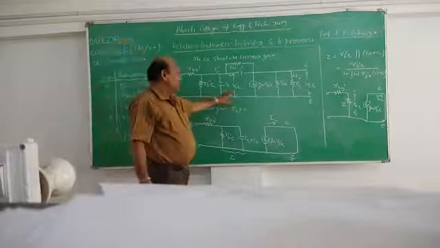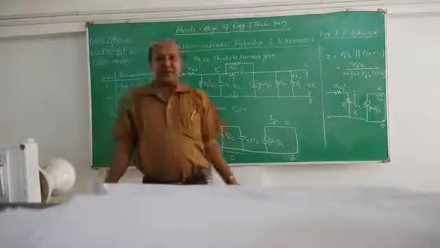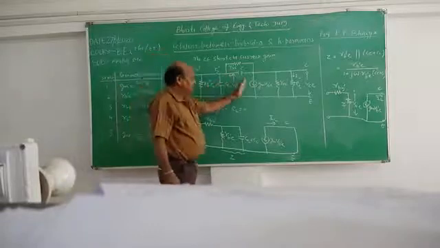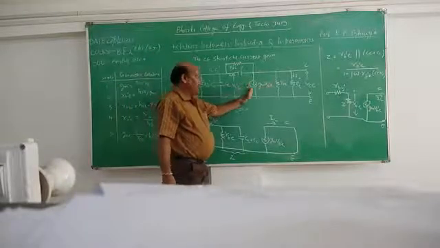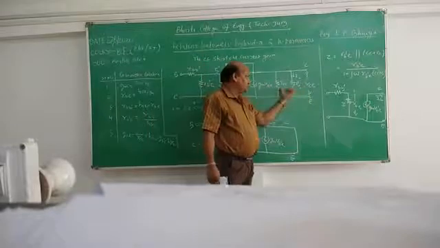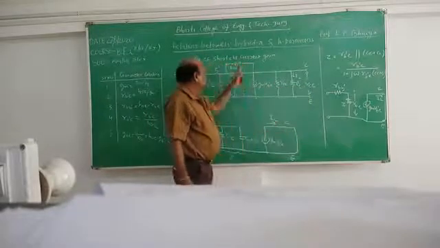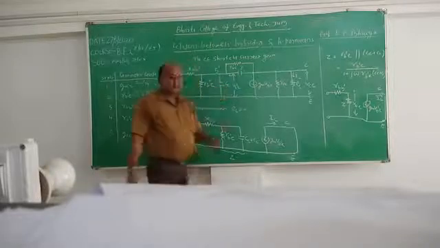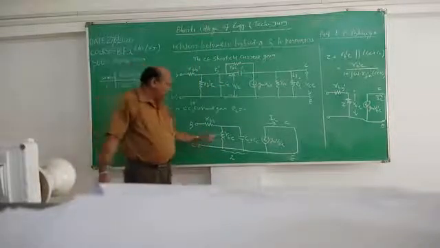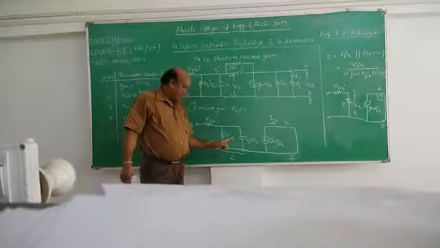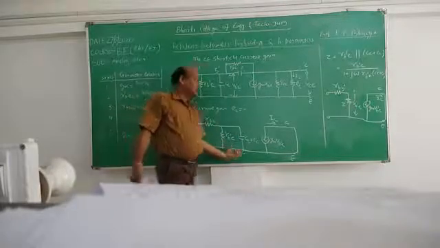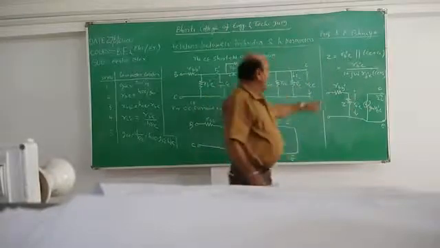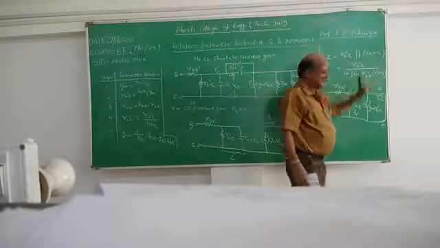It is the equivalent diagram of the hybrid pi model of a common emitter transistor, in which we have shorted the output. So this resistance will be neglected, and this CC and CE are in parallel now. We have got this equivalent diagram, and after the parallel combination we have got the impedance Z here.